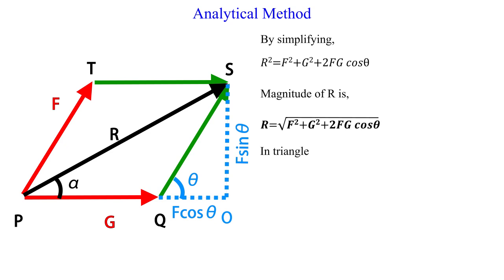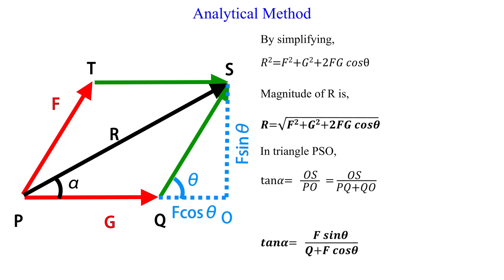In triangle PSO, we can calculate the angle made by the resultant with respect to the horizontal vector, that is alpha. Referring to trigonometry, tan alpha is equal to OS divided by PO, which is equal to OS divided by PQ plus QO. Tan alpha is equal to F sin theta divided by G plus F cos theta.